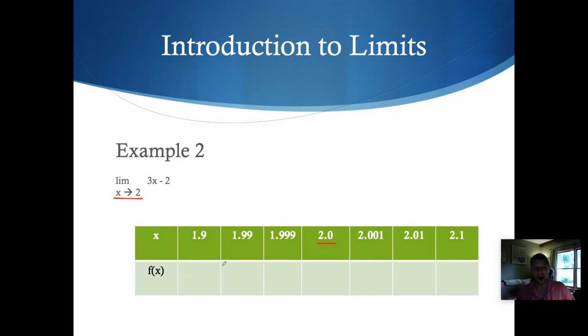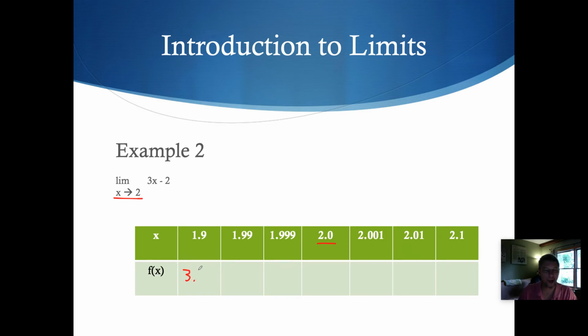All right. Now take a minute or two. Take out your magic number box and plug in 1.9 for x. So 3 times 1.9 equals 5.7 minus 2 equals 3.7.